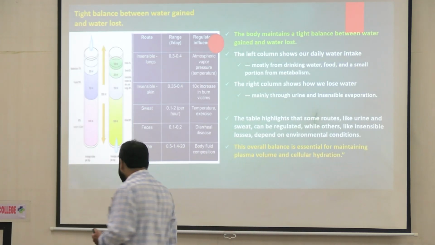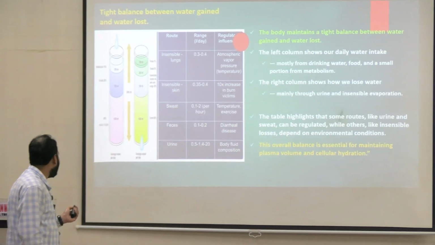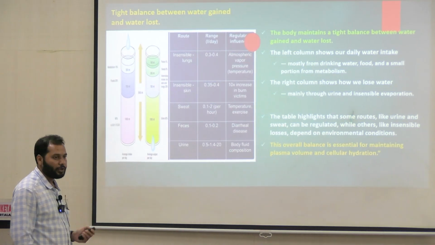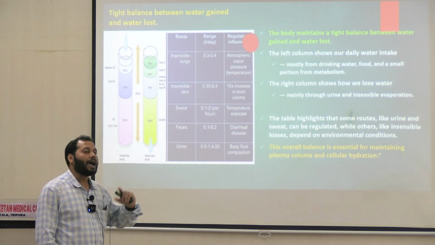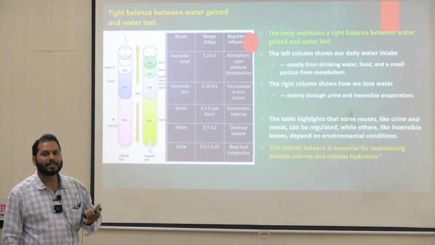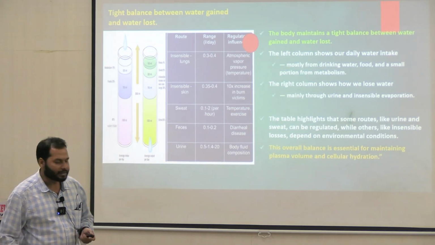If you see the ionic distribution pattern in the left column and the right column, you will see certain differences. And the question is, how are these ionic compositions in the body fluids maintained?